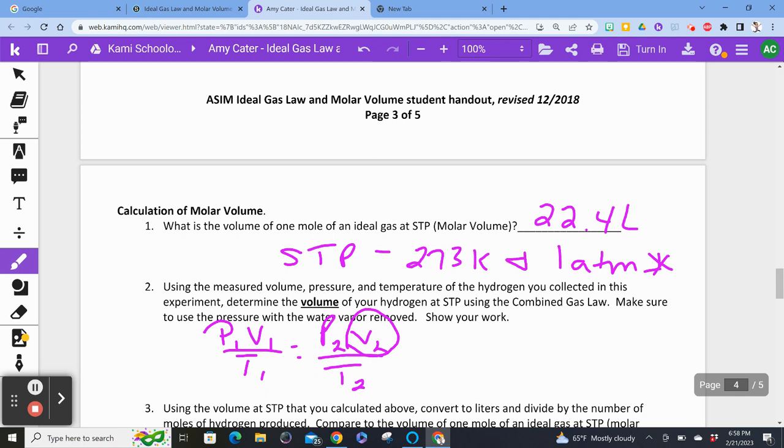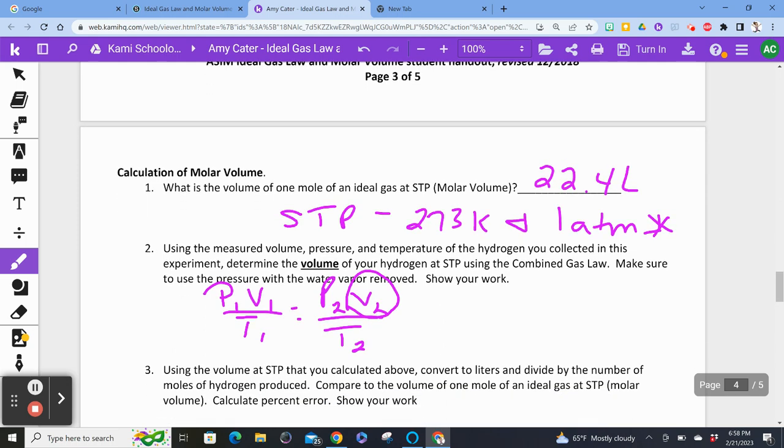And an easy way to do that, which is one of the reasons I wanted to make this video, is to make sure we understand that when we're doing combined gas law, one of the easier ways to solve for the variable we're looking for is what we call cross multiply and divide. Okay, because essentially you've set up 2 proportions.